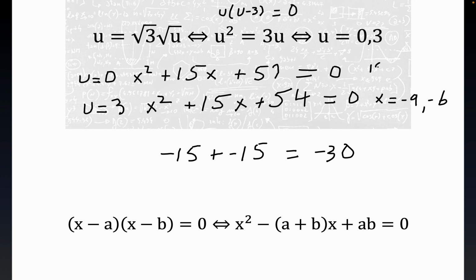15 squared minus 4 times 57 is negative, because 15 squared is 225 and 4 times 57 is 228. 225 minus 228 is negative 3. So the discriminant is less than 0. But what does that mean? When you have a negative discriminant, you're going to have imaginary solutions, but they occur in conjugate pairs and they cancel.